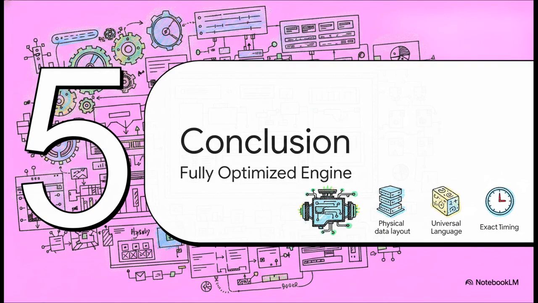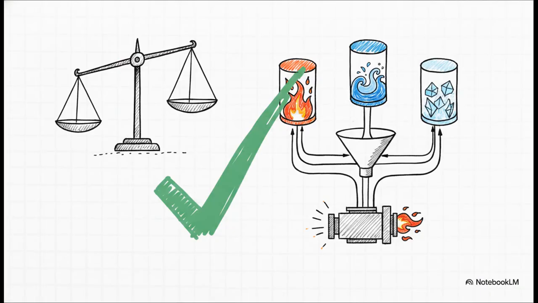And that brings us to the conclusion: the fully optimized Microsoft Sentinel engine. So, the crucial point is how we bring this all together. We've looked at the physical data layout, the universal translation language, and the exact timing of when to apply that translation. Let's review our finalized architectural blueprint one more time.